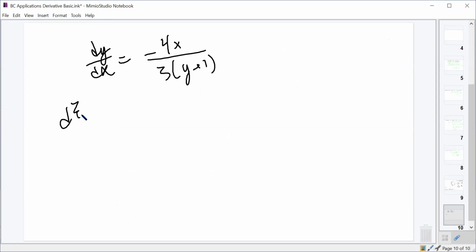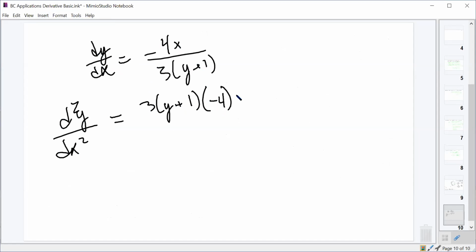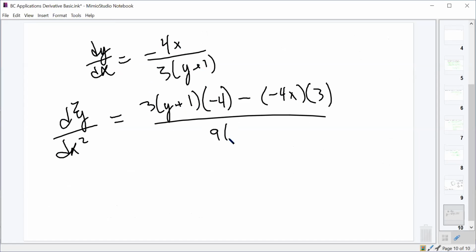The second derivative we could find by taking the derivative of this implicitly: 3 times (y plus 1) times the derivative of negative 4x, which is negative 4, minus negative 4x times the derivative of 3 times (y plus 1), which is just 3. And then all over 9 times (y plus 1) squared. Everybody good with that?